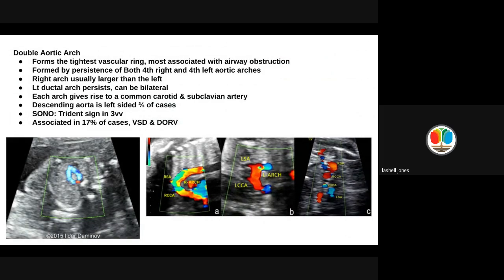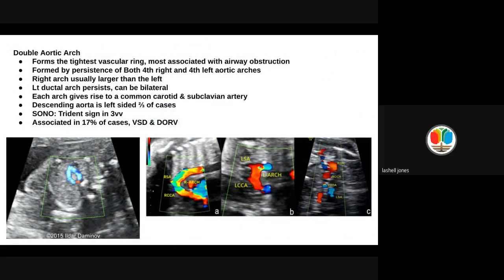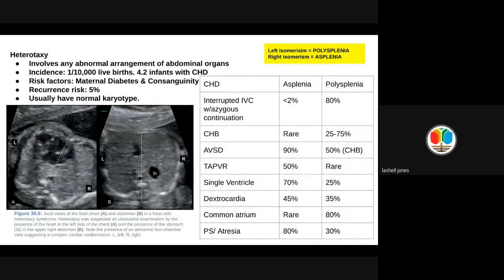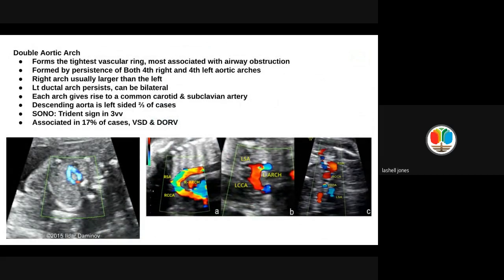All right, double aorta. Now, not to be confused, because you would almost think it's the same, right? Looks the same. With the double aorta, with the double aortic arch, that forms the tightest vascular ring. Okay, so this is the one that's mostly associated with airway obstruction.